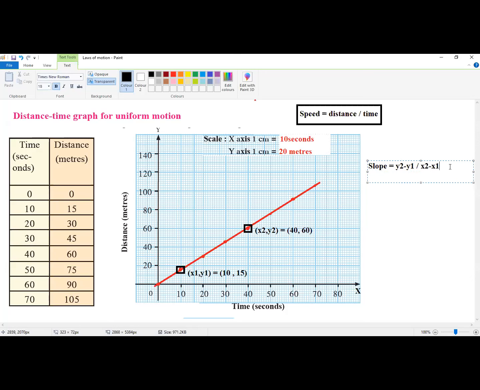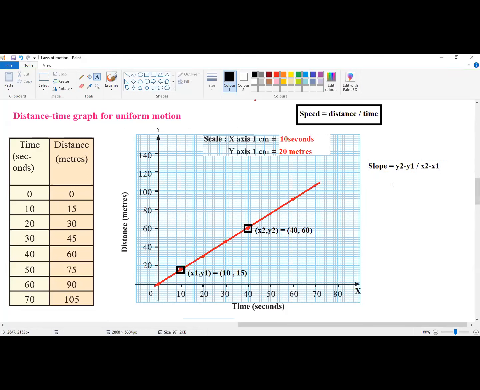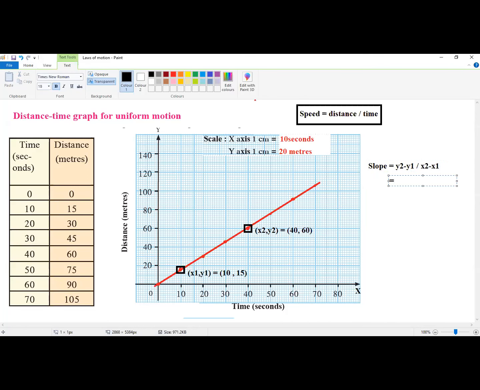Now let's put the values. y2 is 60 and y1 is 15, divided by x2 is 40 minus x1 is 10.